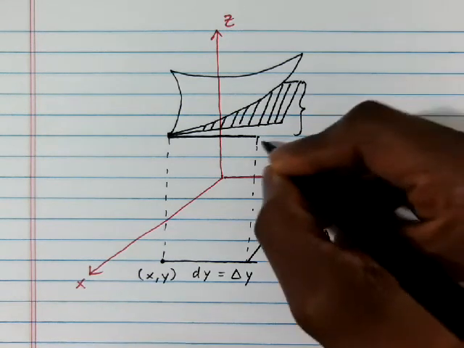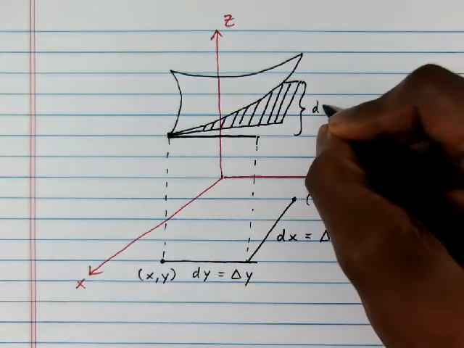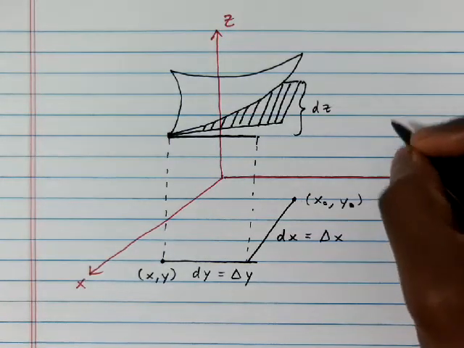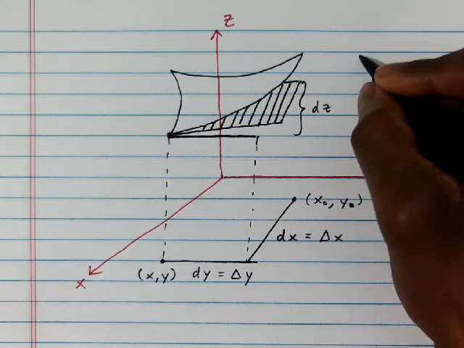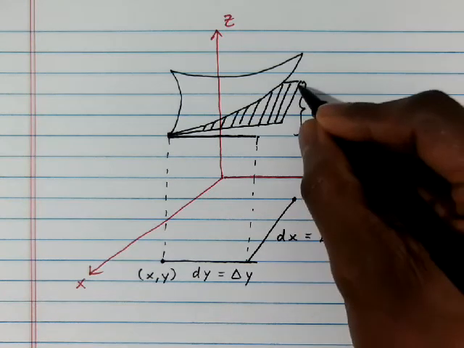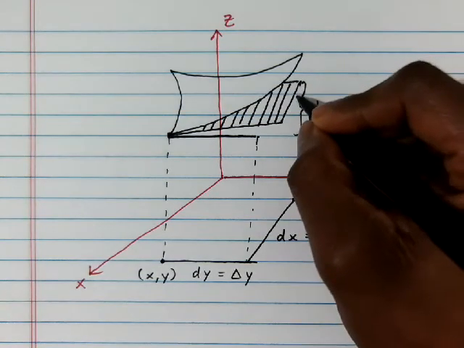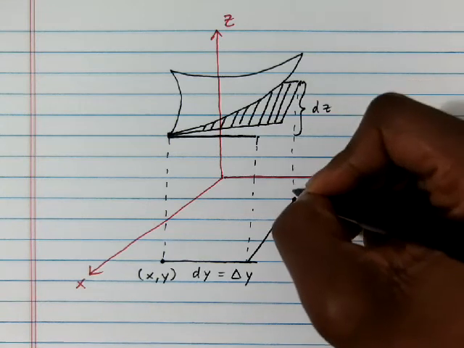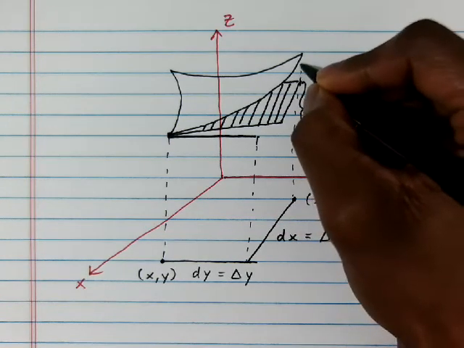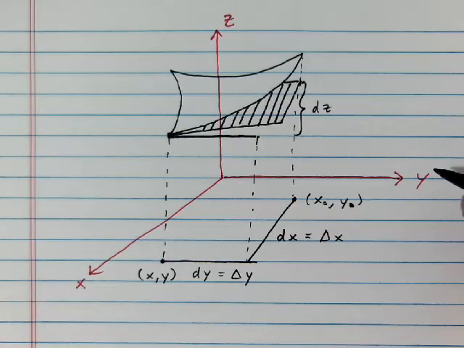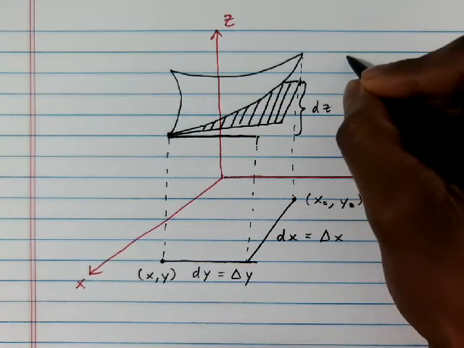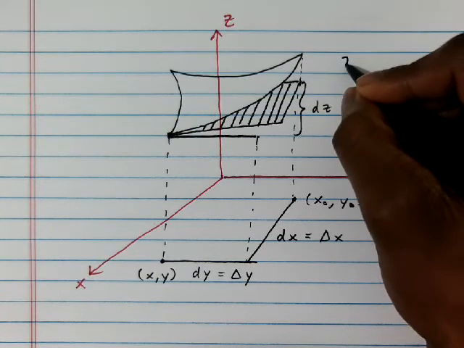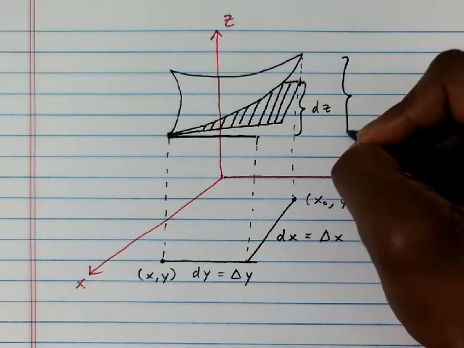From here down to that line, that's dz. But it approximates the change in height on the actual surface. Notice this point is directly above that point. So the change in height of the actual surface would be, looks like about that.